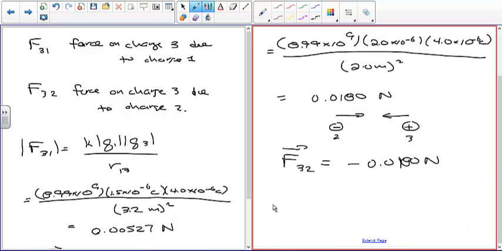And so the net force vector on 3 is going to be equal to the force vector on 3 due to charge 1 plus the force on charge 3 due to charge 2.